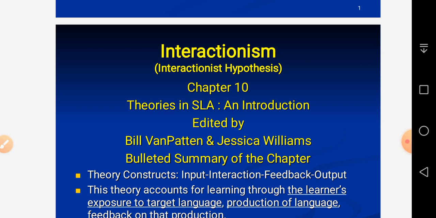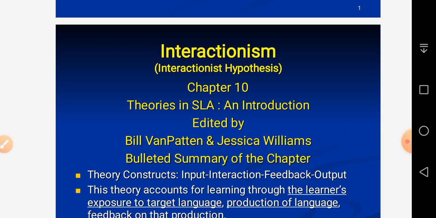The interactionist theory says that you need a lot of interaction, and this interaction can be in the form of computer use. I usually use a lot of computers, I keep recording things, I keep interacting with people on social media, and I keep creating podcasting and screencasting things. Or it can be an interaction between people.